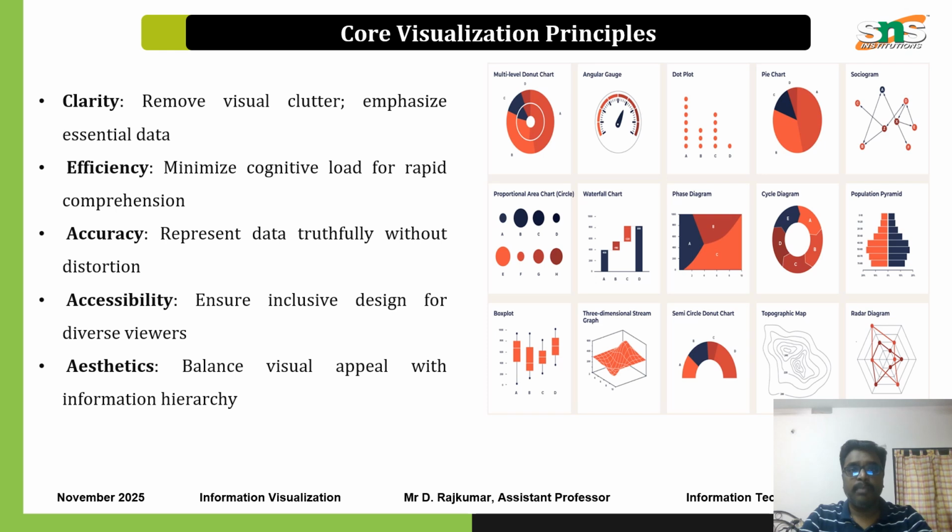Clarity helps us to remove visual clutter and emphasizes the important essential data, whereas efficiency minimizes the cognitive load for rapid comprehension. Accuracy helps us to represent data truthfully without any distortion. Accessibility ensures inclusive design for diverse viewers, people with different abilities. And aesthetics helps us to balance visual appeal with information hierarchy.